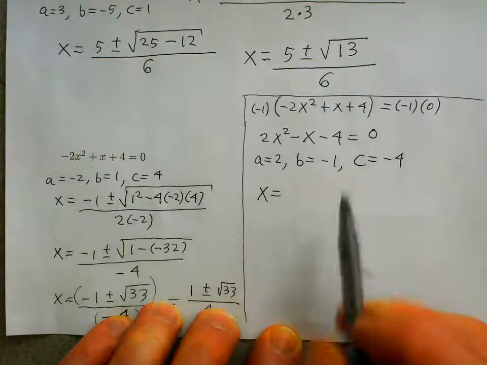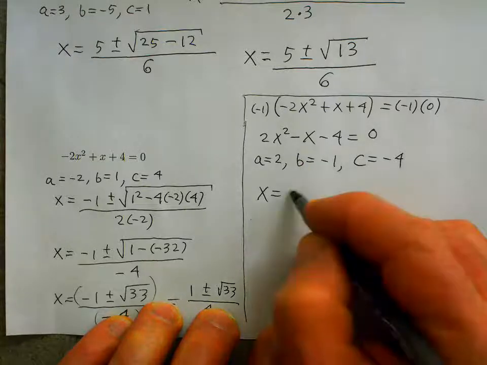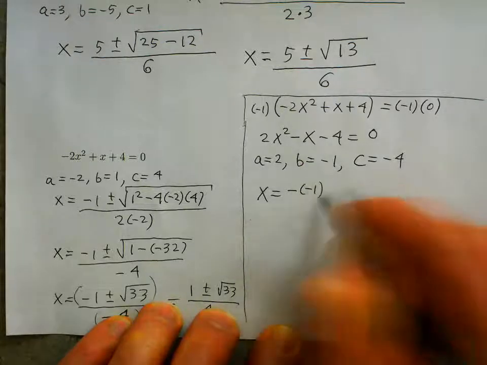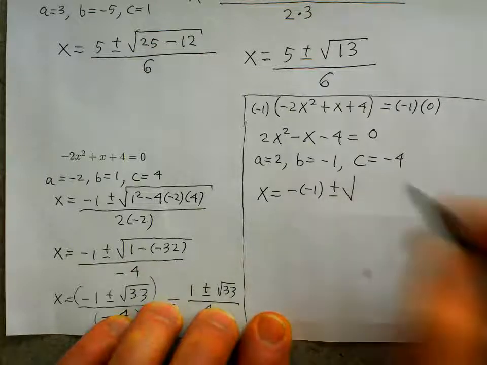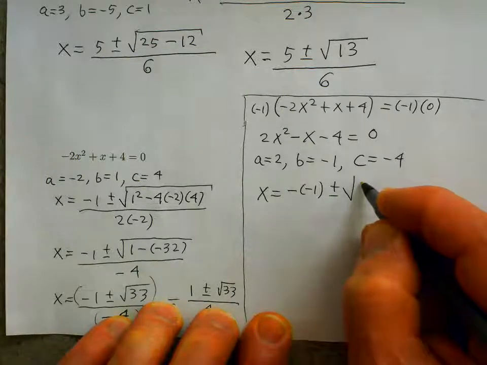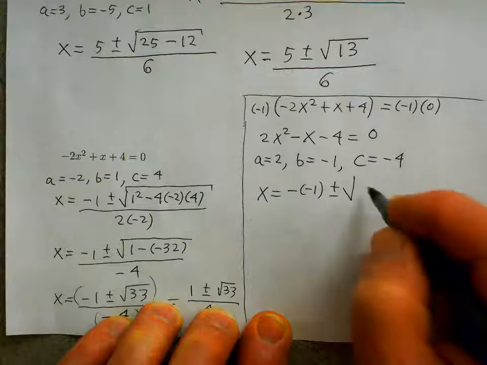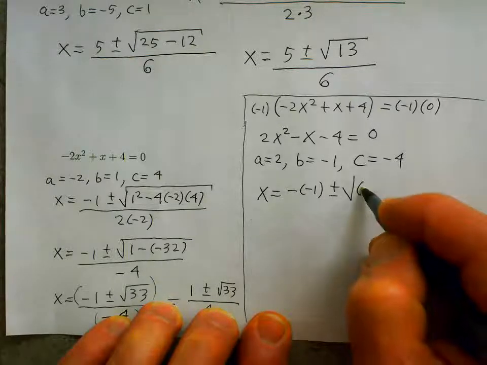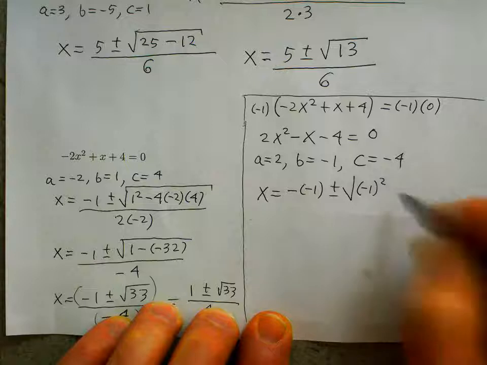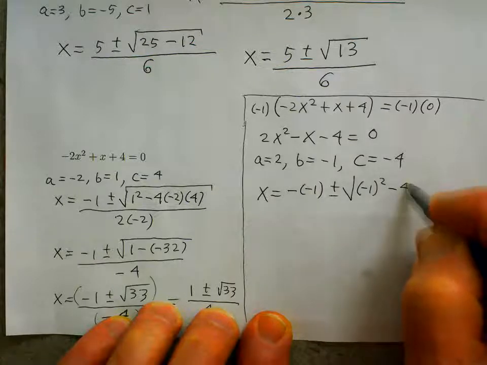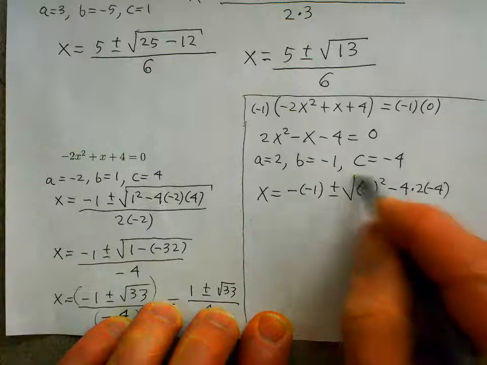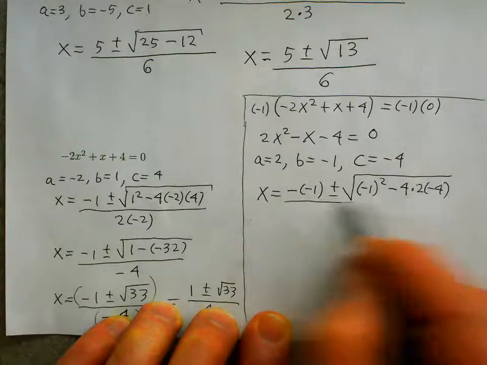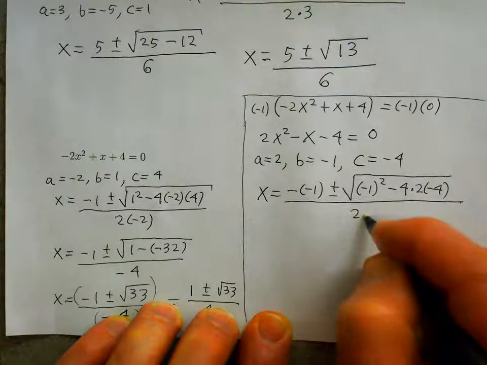x equals the negative of b, so that's the negative of -1, plus and minus the square root of b squared minus 4ac. So b squared is -1 squared minus 4 times 2 times -4, all divided by 2 times 2.